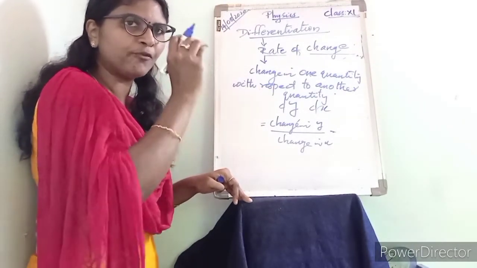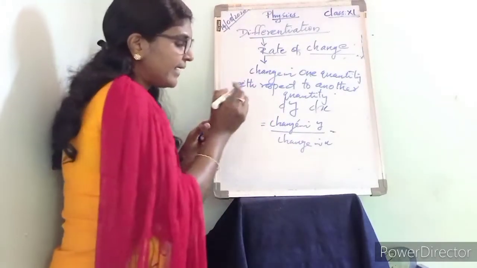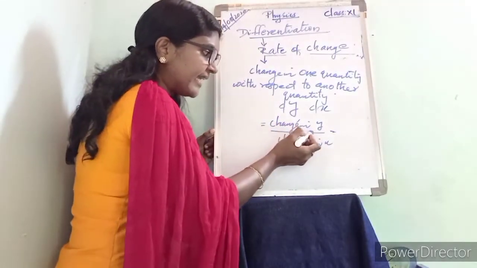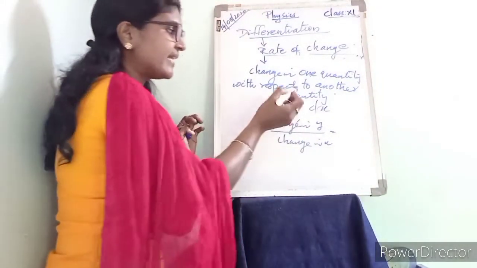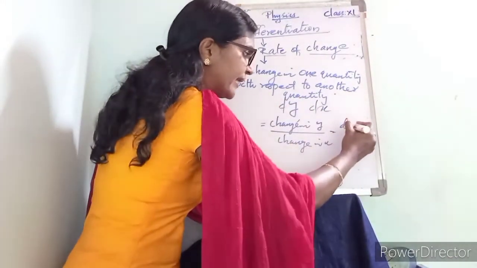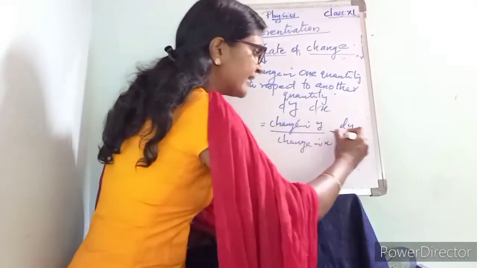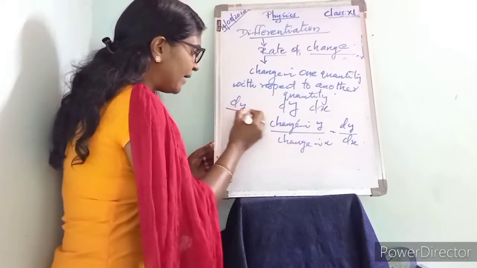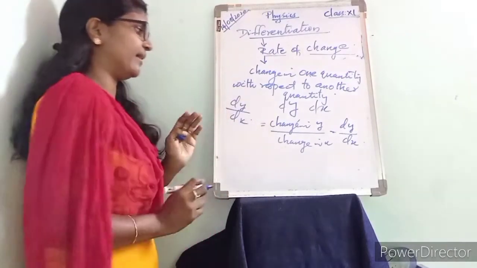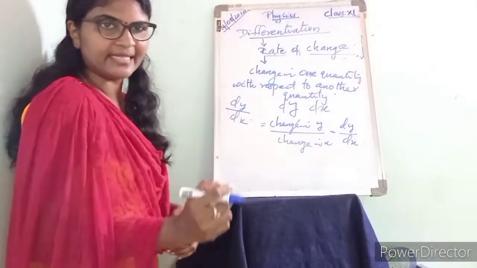Rate of change of y with respect to x can be written as change in y divided by change in x. You know what is change in y here? Dy. And what is change in x here? Dx. So, here we got dy by dx.